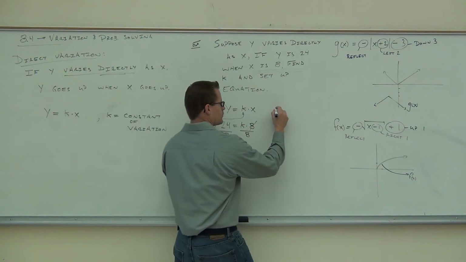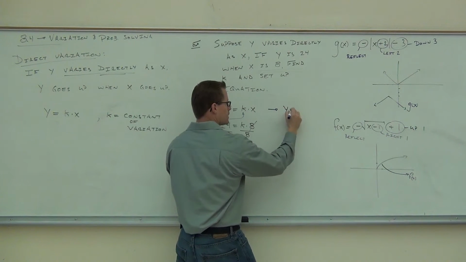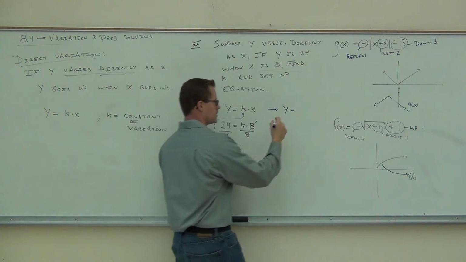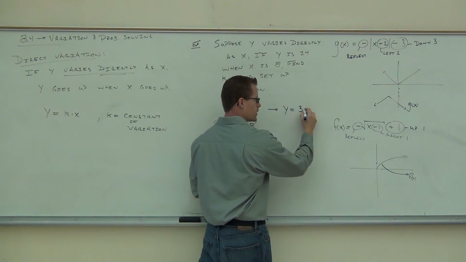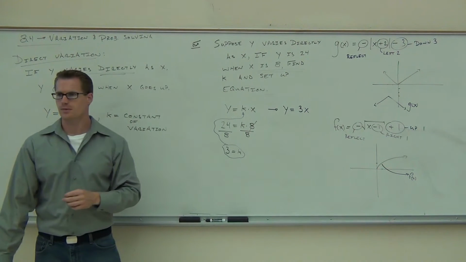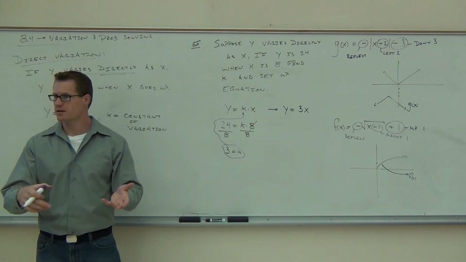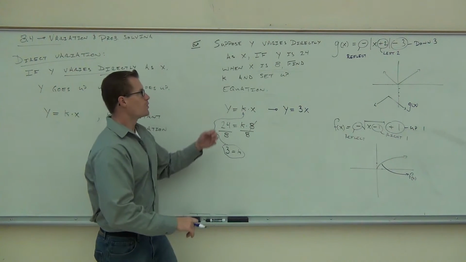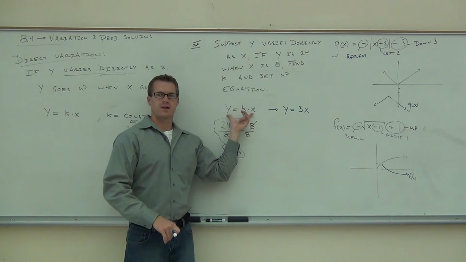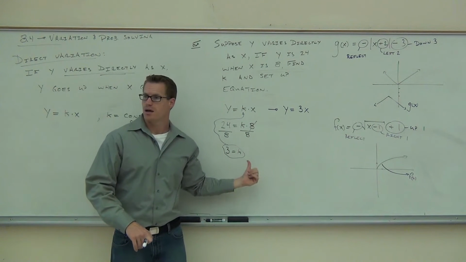So we're going to have y equals what? 3. How much? 3. 3 what? x. 3x. That's it. That's your direct variation equation. So we notice direct, we set the basic equation, we fill out some numbers that they give you, you solve for k, you rewrite it.